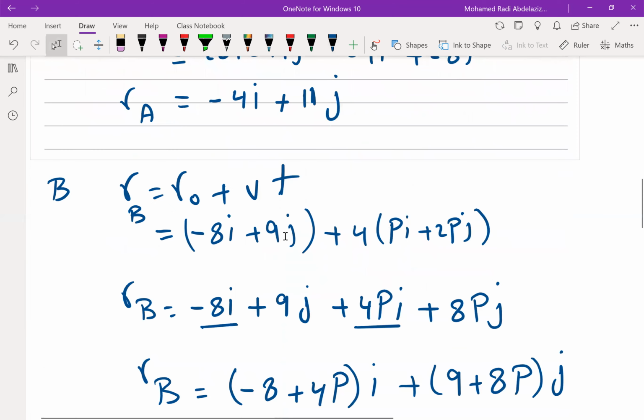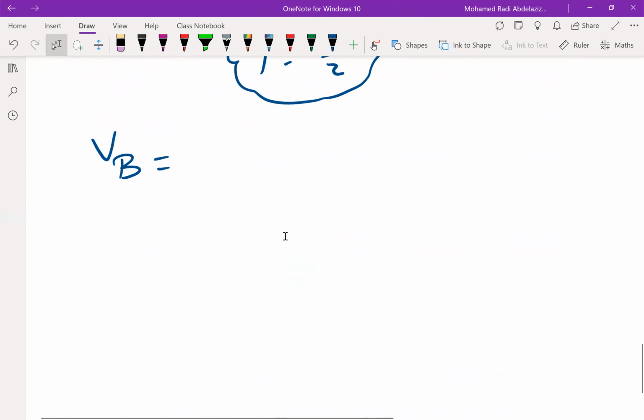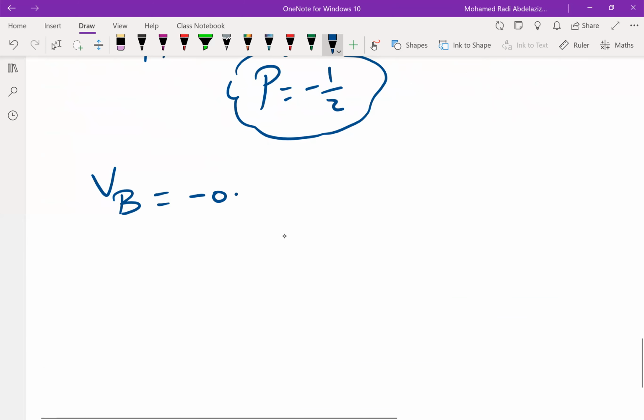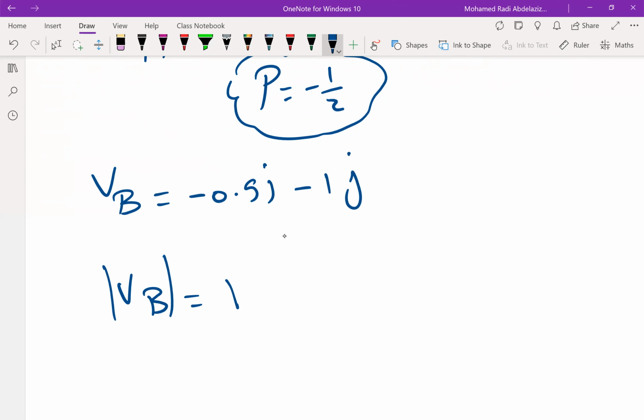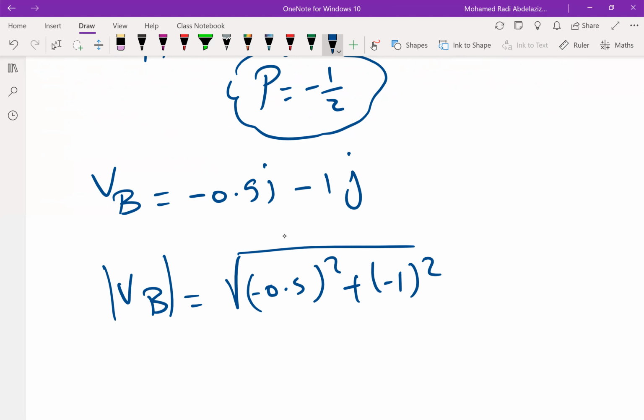Velocity of B is equal to negative half i and minus 1j. To get the magnitude, square root of 0.5 squared plus minus 1 squared. You can use your calculator to get the value.